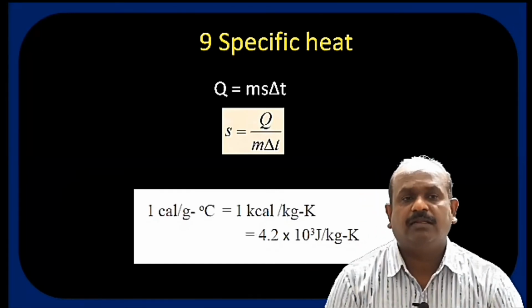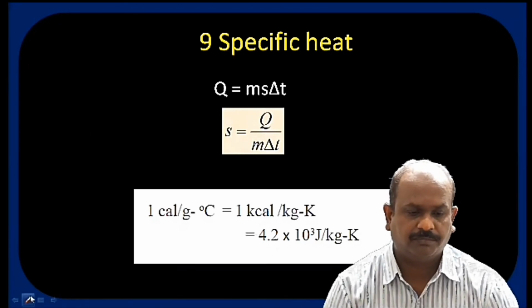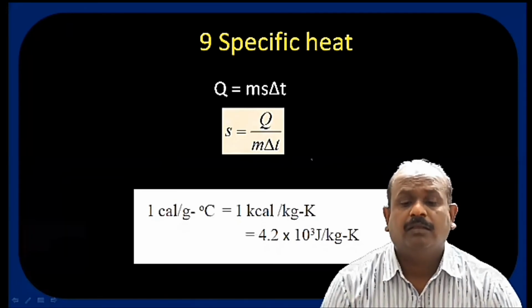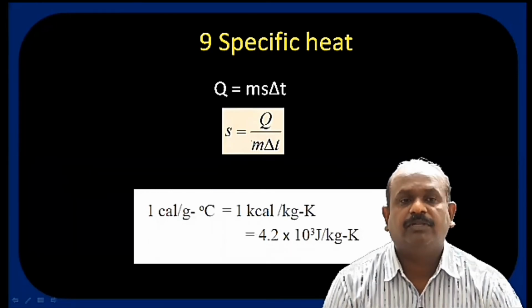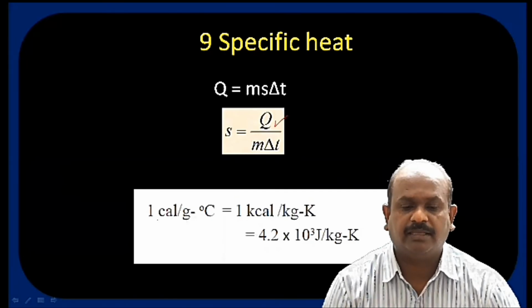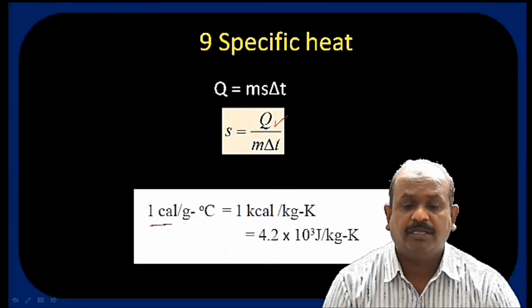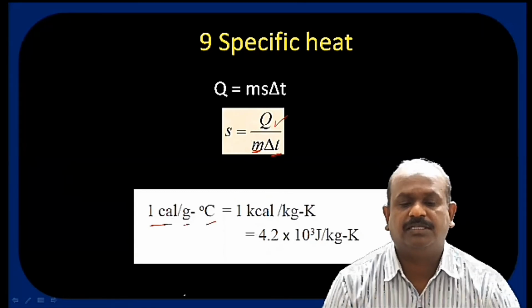Here I want to find the units for specific heat. If you want to write the units for the specific heat, you just write the units for heat, that is calories, divided by the unit for mass, which is grams, and the unit for delta T, the change in temperature, which is degree Celsius.